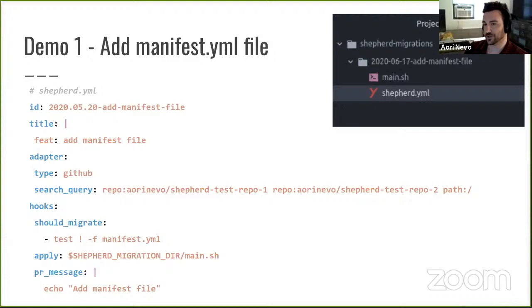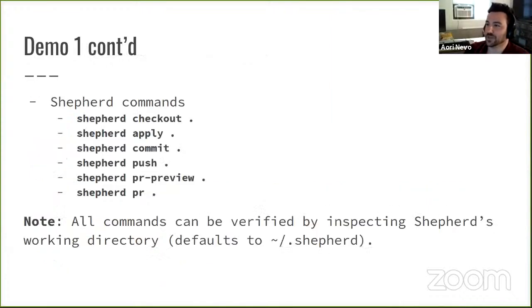So whenever you invoke a Shepherd command, it's going to need a reference to some sort of a shepherd.yaml file. And this is what you see here on this slide. I've nested it in a project, like you see in the top right, but you can choose to put these files wherever you like and organize them however you like as well. This is just the way that made sense to me to organize the files.